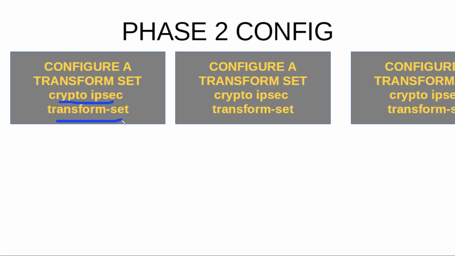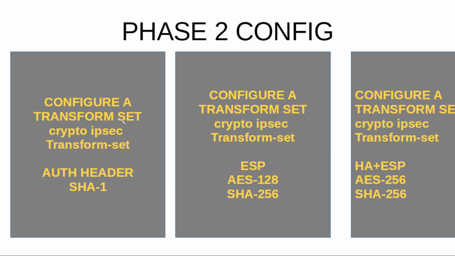You might need to have several transform sets if you have different types of remote peers that support different combinations of settings for phase 2. But if you have the same type of remote peers that support the same set of settings or the same combination of settings, you might only need one transform set. But that depends on your network.